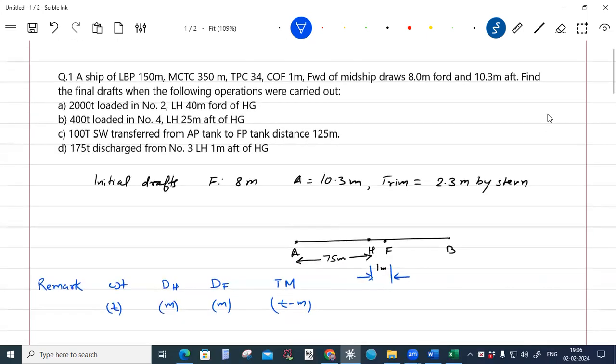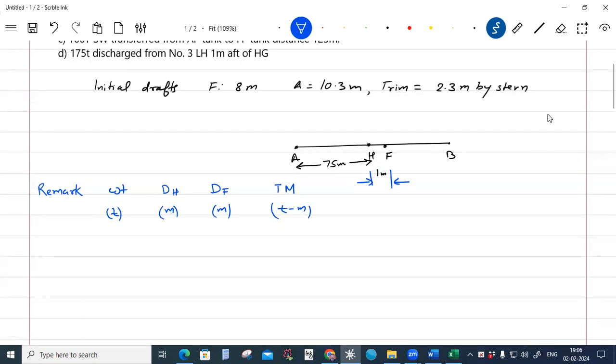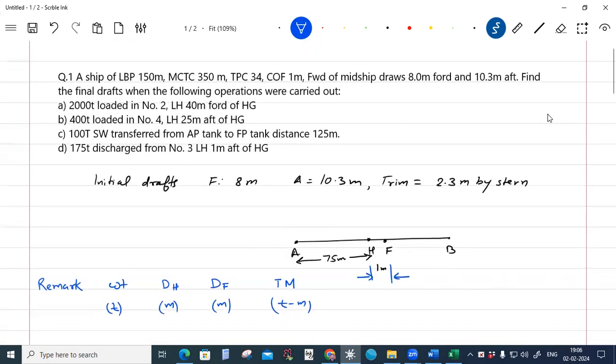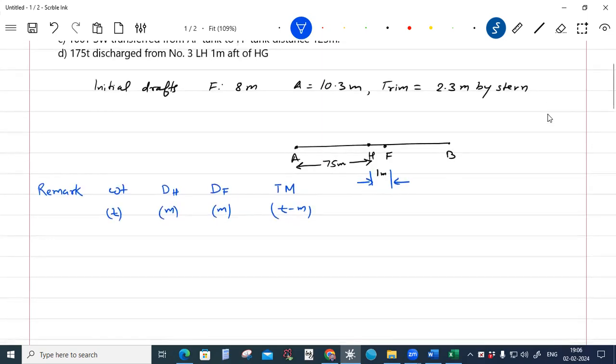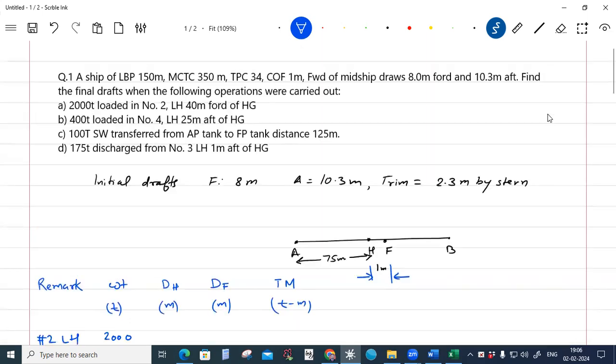So the first thing, what you have done, 2000 ton we have loaded. And where did we load? Number 2. Number 2 lower hold 2000 ton. Okay, HG, from midship the center of gravity is 40 meter forward.